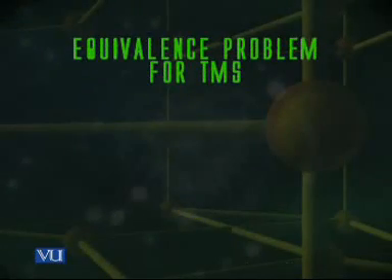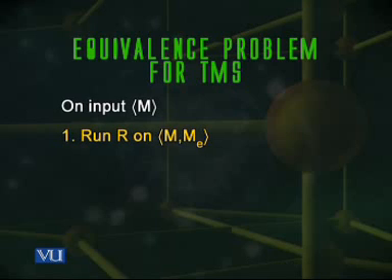The language of such a Turing machine is going to be empty. We call that particular Turing machine ME, and you can design it once and hard code it. Now, let's look at the description of S. On input M, what S does is it runs the Turing machine R on the pair M, M sub E.